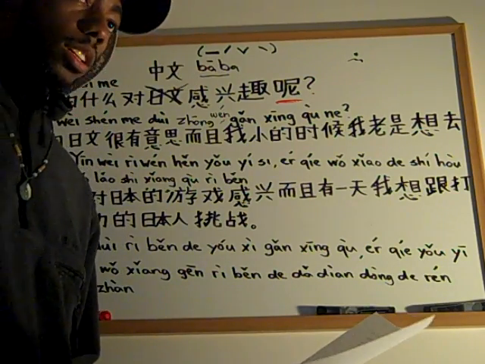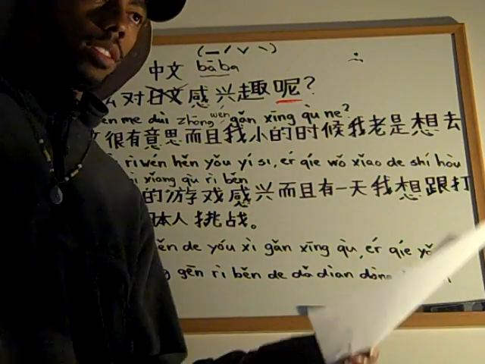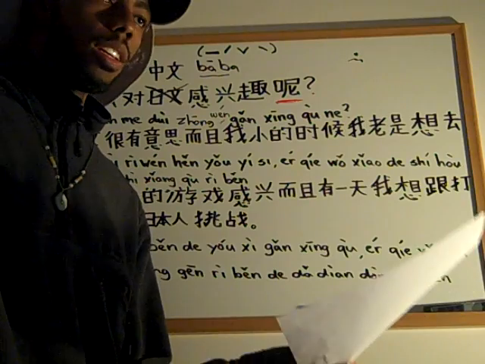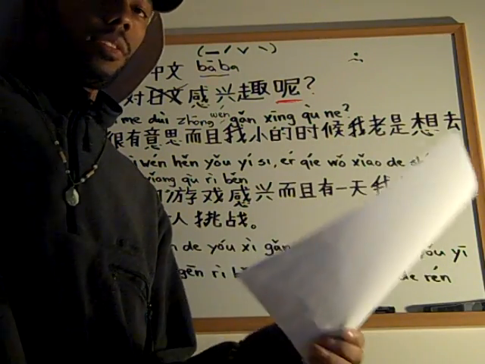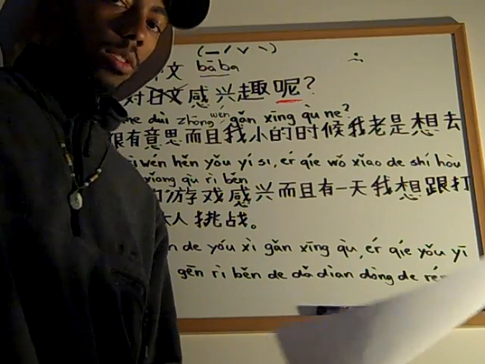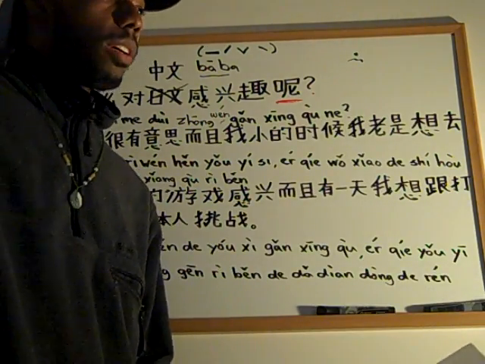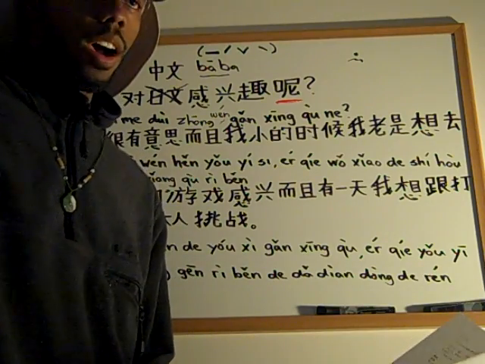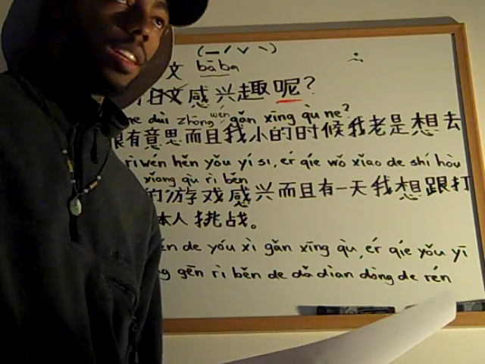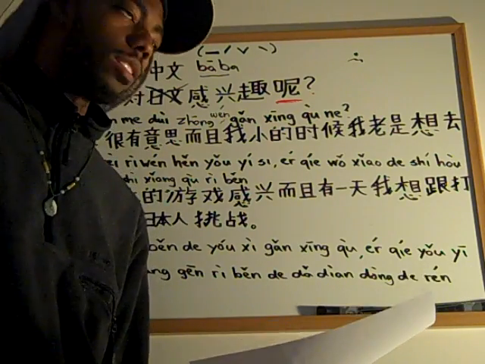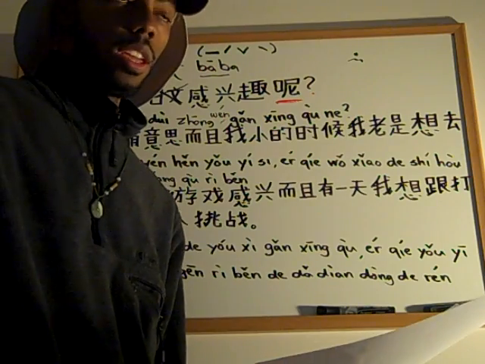Mainland China, those of you who don't know, is like Shanghai, Beijing, Xinjiang, all those places you've heard of. I'm pretty sure you've heard of Beijing, that's the capital. But if you go to places like Taiwan, they use traditional characters, and you will never see simplified characters there.